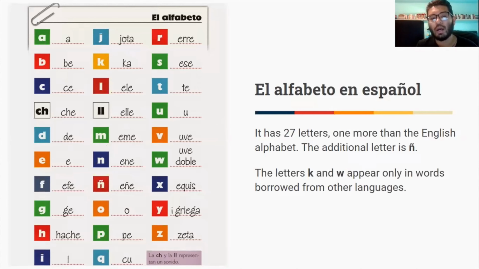So I thought it wasn't necessary to give them a lot of time because they do not have different pronunciations from what we already know as English speakers.